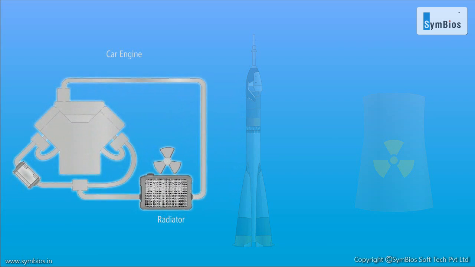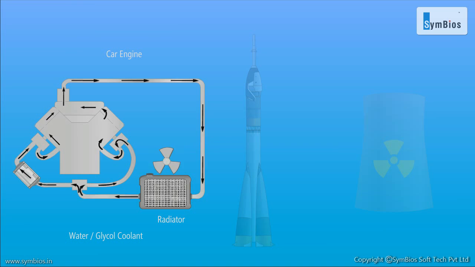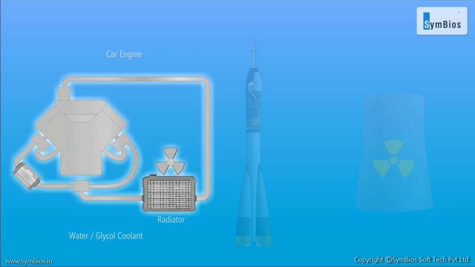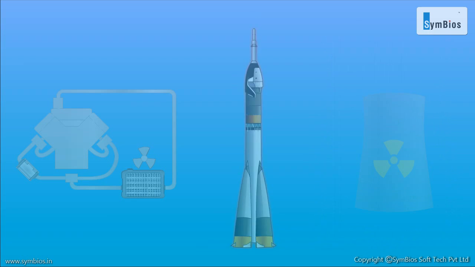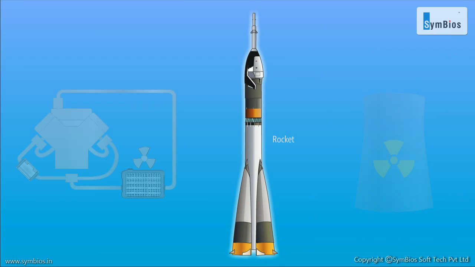In car engines, water or glycol coolants are used to prevent engines from overheating. In nuclear reactors, water or liquid metals like molten sodium or lead bismuth eutectic are used as coolants. Rockets use liquid propellant films to cool their thrust chamber.